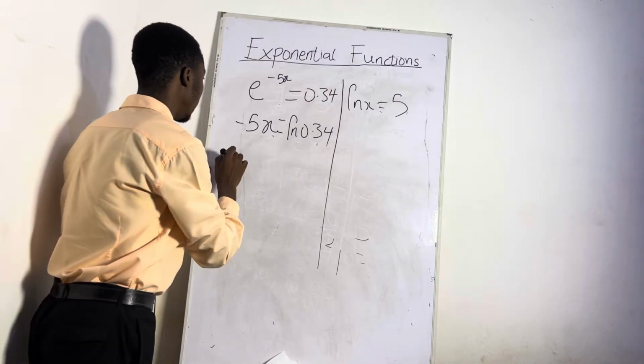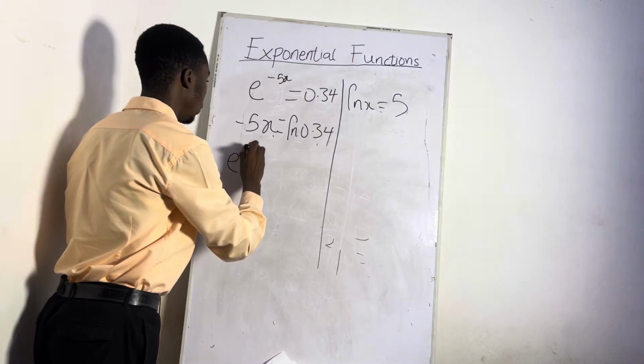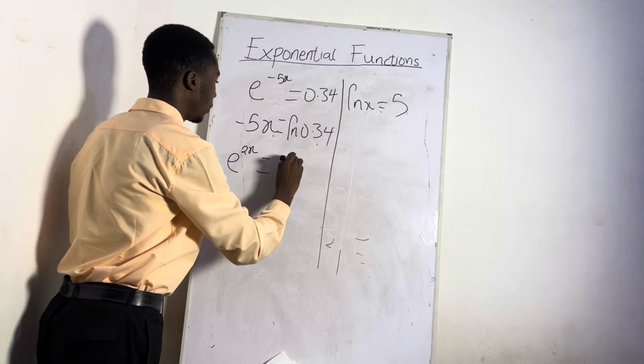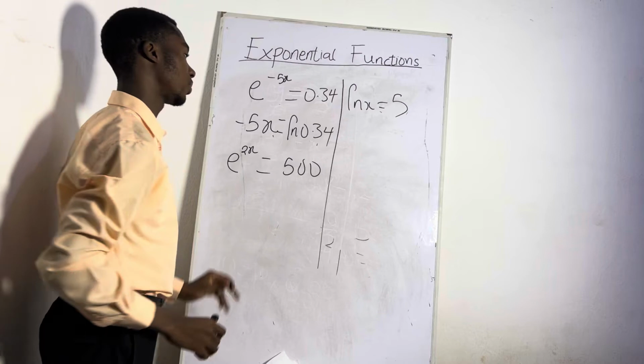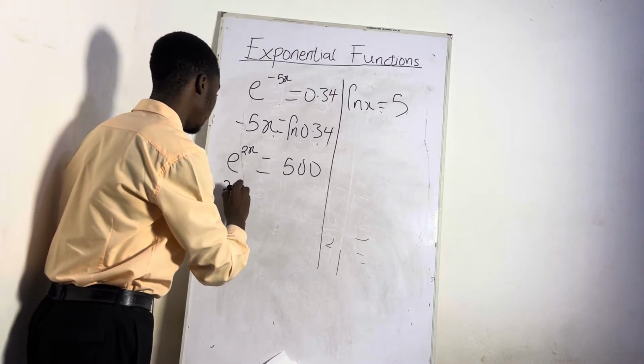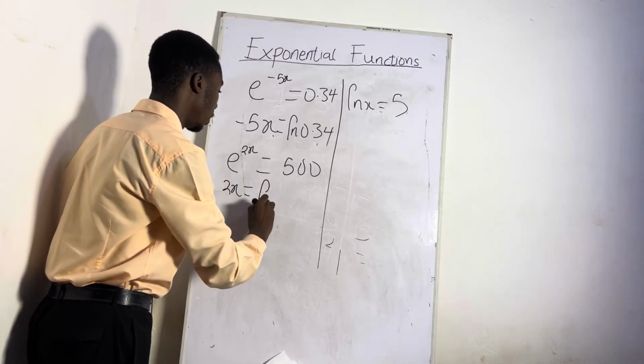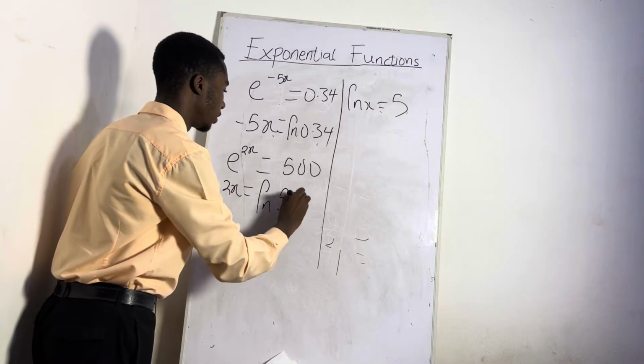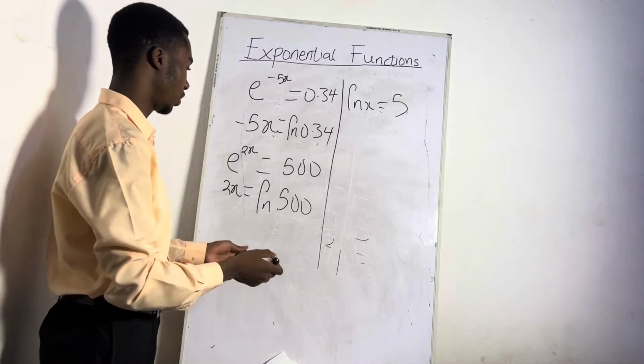Similarly, if you have, let's say, e exponent 2x is equal to 500, you just take 2x is equal to ln 500. That's all. Then you punch it on the calculator.